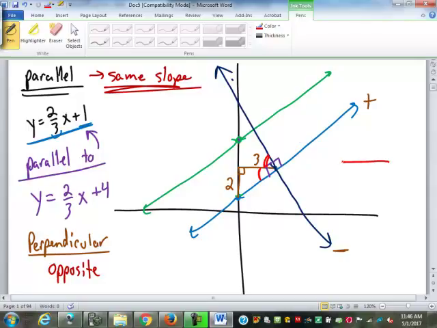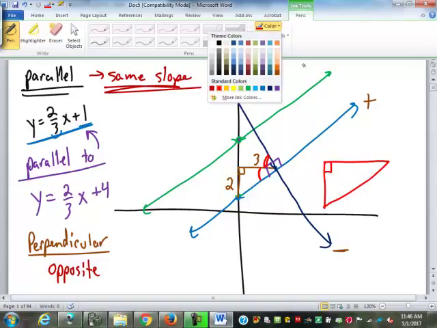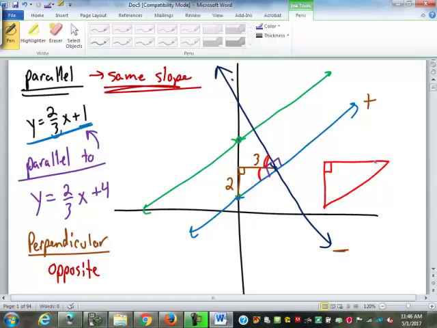If I look at that right triangle, in any right triangle, the complement of this angle here is the other non-right angle in that triangle. Those two angles must add up to 90 degrees.